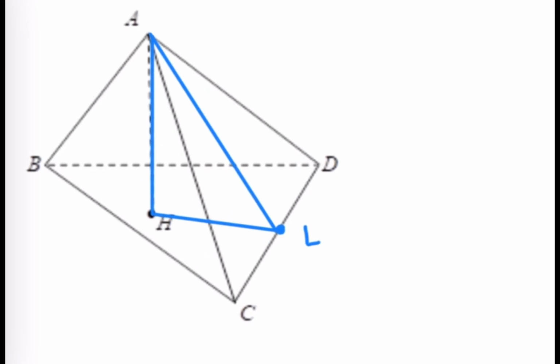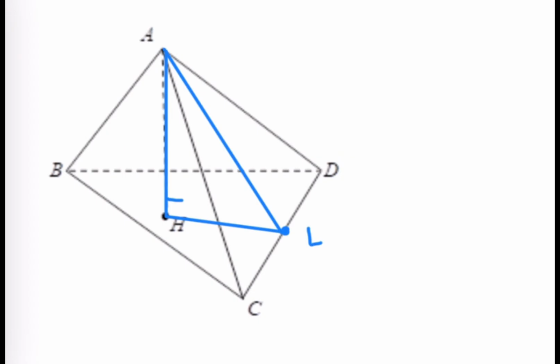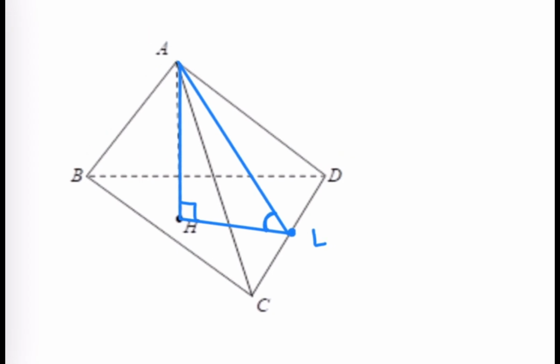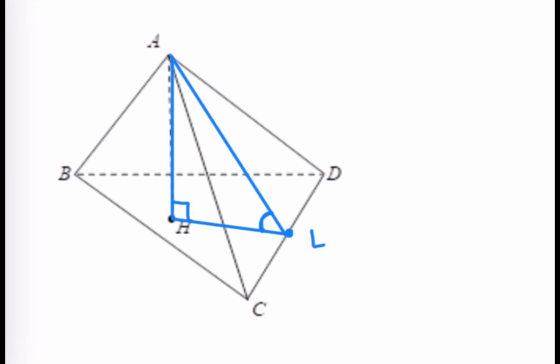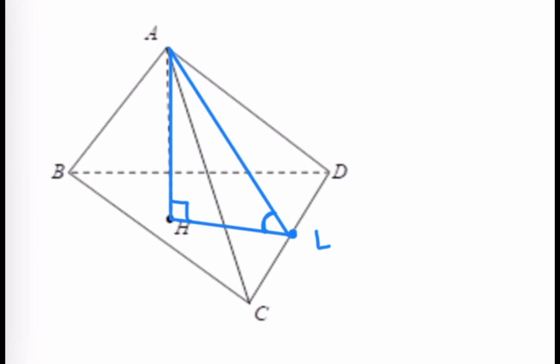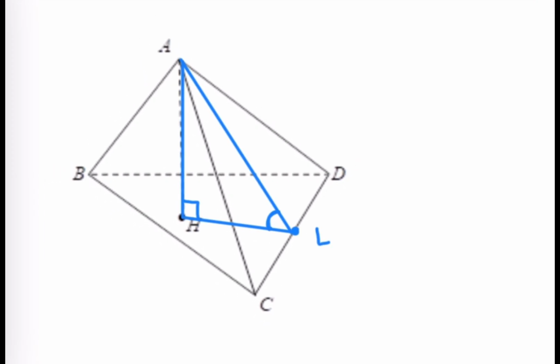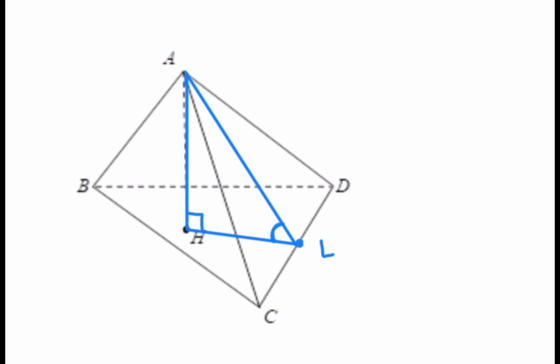So now that we have the plane, this is our right angle, and this angle here is the angle that we need to find. This is the angle between the two planes. Alright, now that we have this, we can find the values of two sides and we can apply the sine rule.